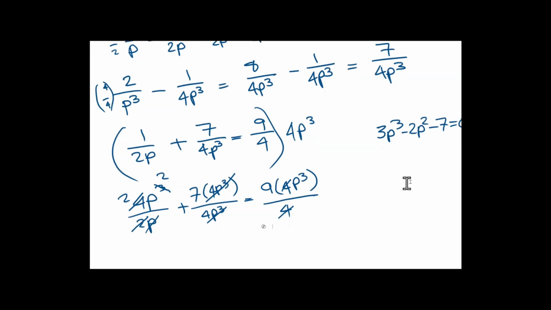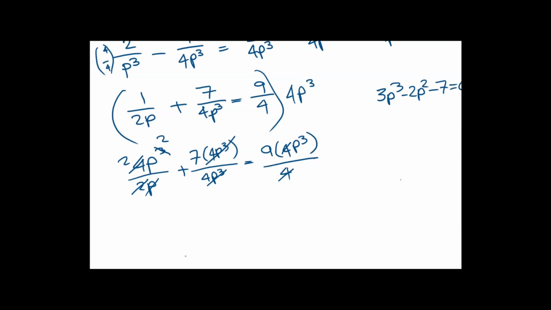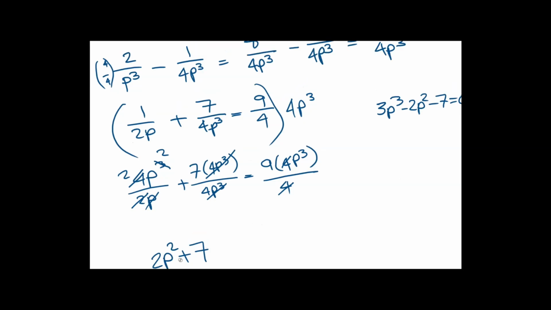So after all of that, we've got 2p squared plus 7. My bad, this should be a 9. So 2p squared plus 7 equals 9p cubed.